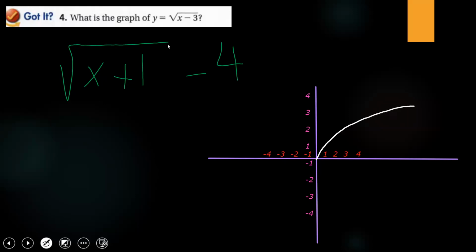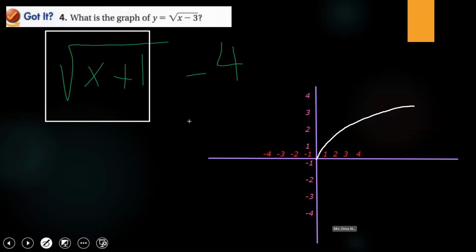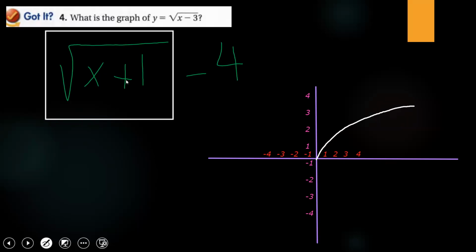First of all, you have to deal with this part. So here, first I draw square root of x. Then, I have a square root of x plus 1, not square root of x only. So to where should I translate it now? To the left, 1 unit. Is it right? Yes. So it will be here.